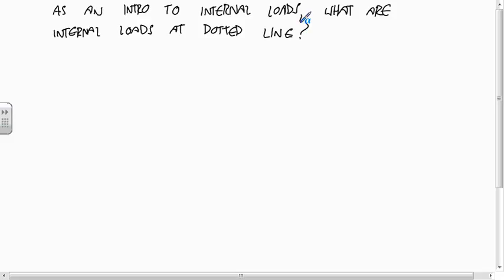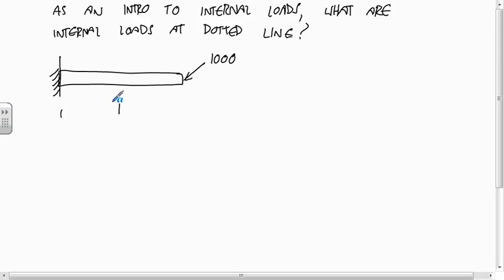I'm going to take the same object, and let's ignore the weight for now. Let's say that halfway out along the length, we're going to try to figure out what the internal loads are.